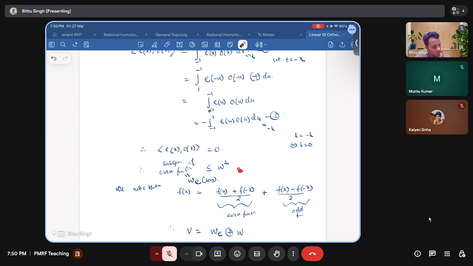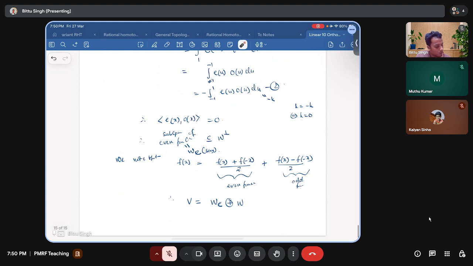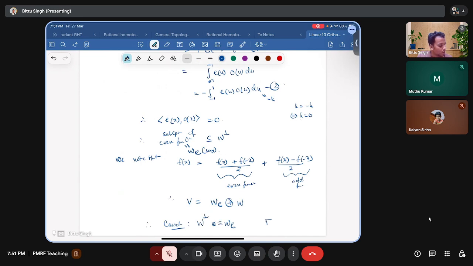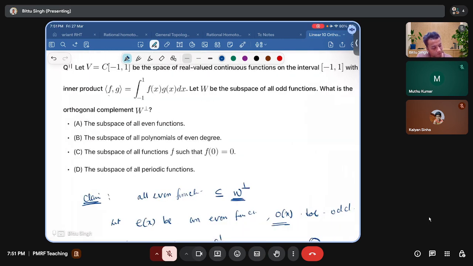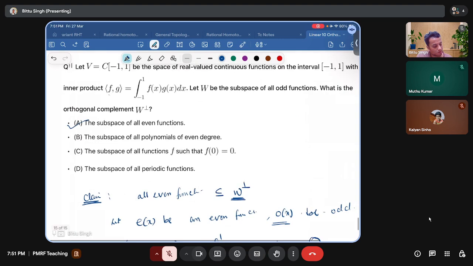Otherwise, by the method which I have discussed, we'll get a contradiction. Okay. So from here, the conclusion is W perp is actually the set of all even functions. This is the correct answer.